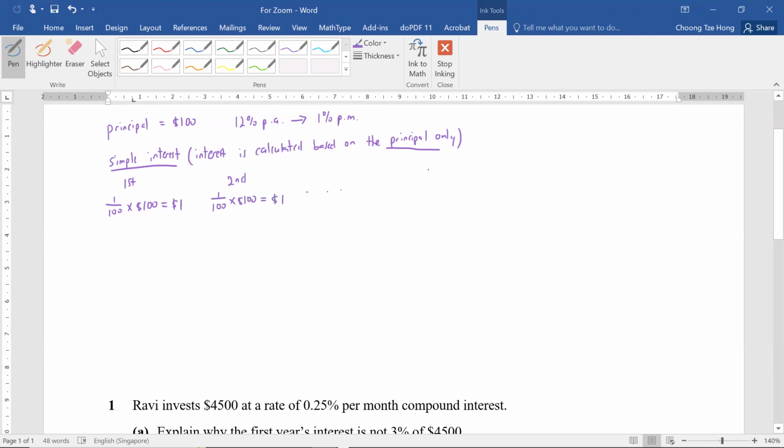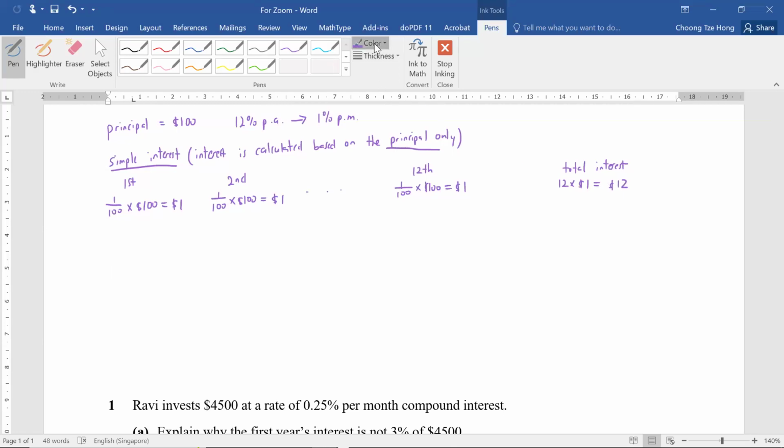This will take place all the way to the 12th month, 1% of $100 giving an interest of $1. If you sum up the interest for the 12 months, you get the total interest. It's going to be 12 times $1, which gives us $12, right?